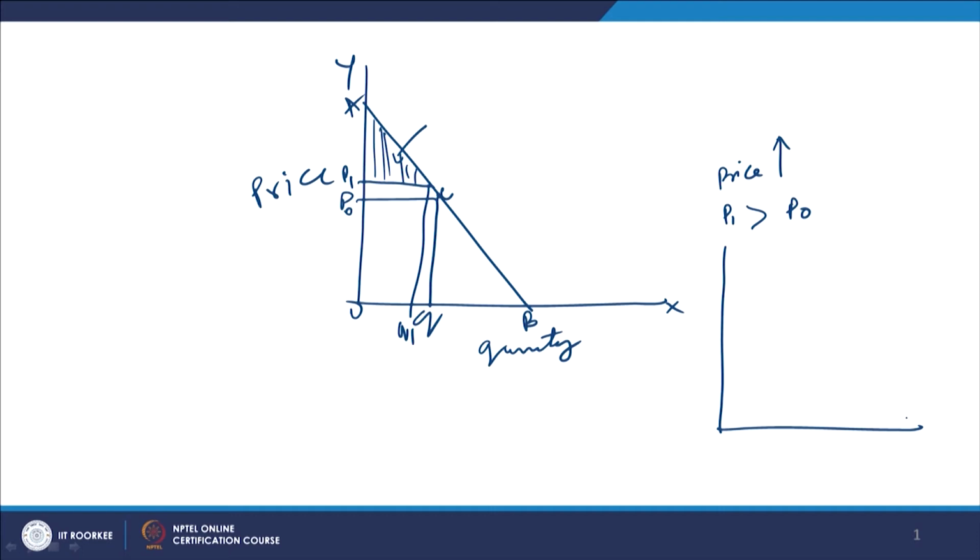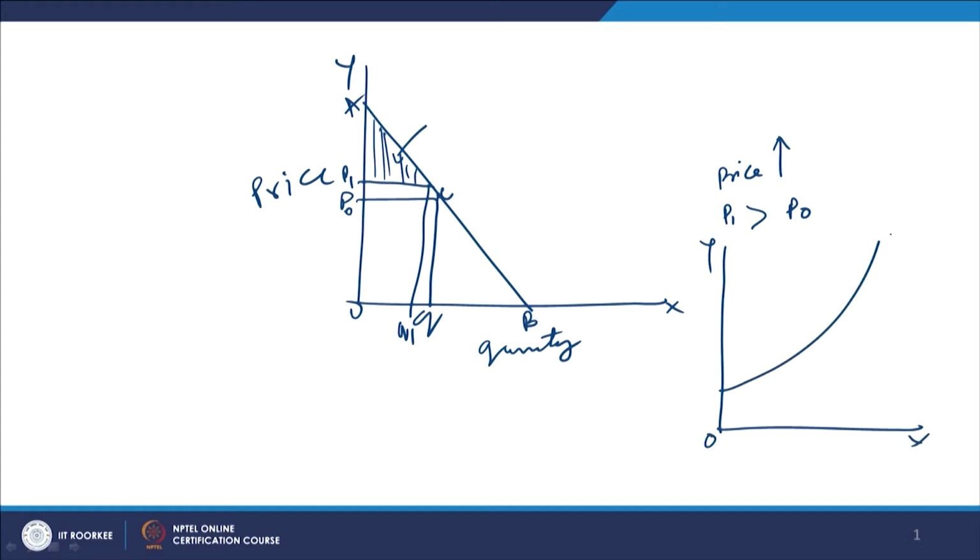But at the same time, you can also see how the price change affects the producer's surplus.